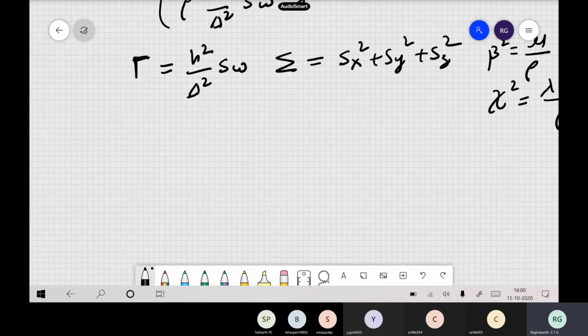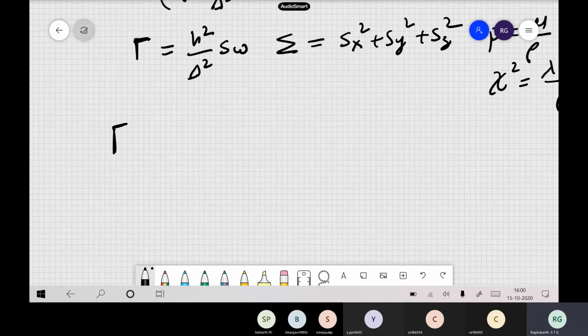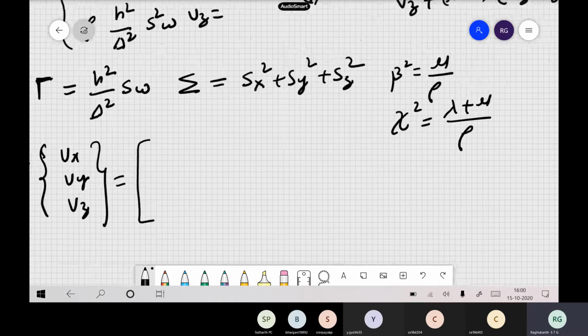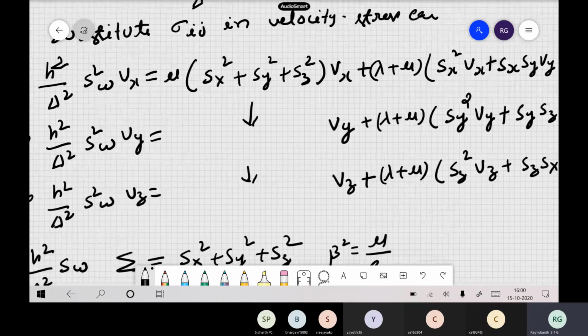So now the above equations you can write in this matrix form also. So vx, vy, vz, and this right hand side, so you can see these expressions. Okay, so now on the left hand side also we have velocities vx, vy, vz.